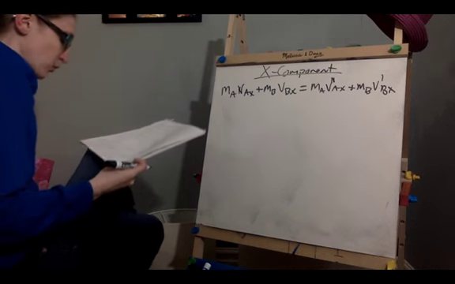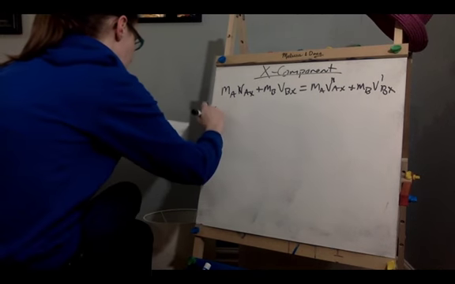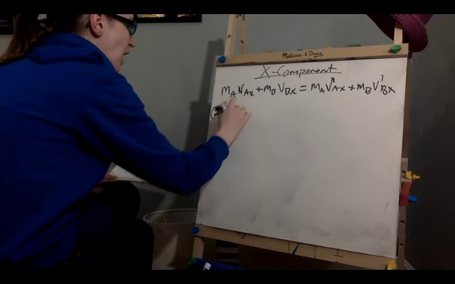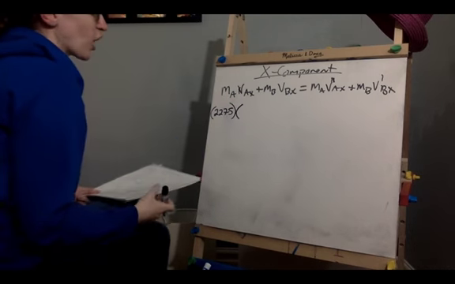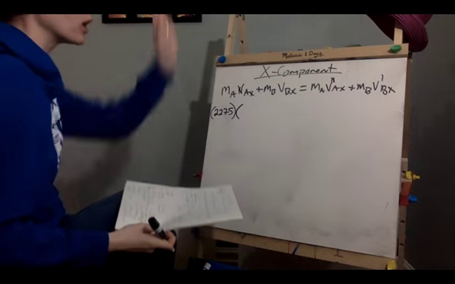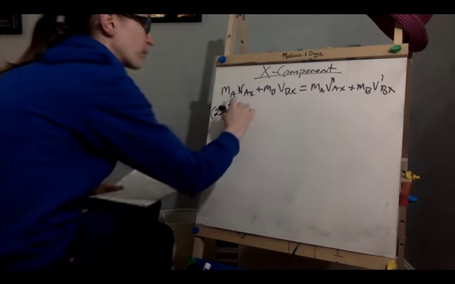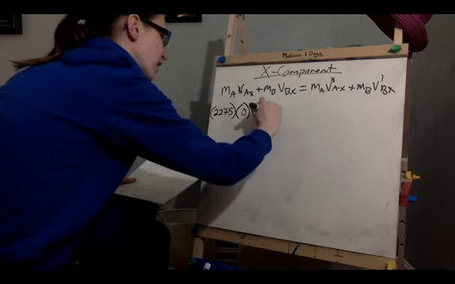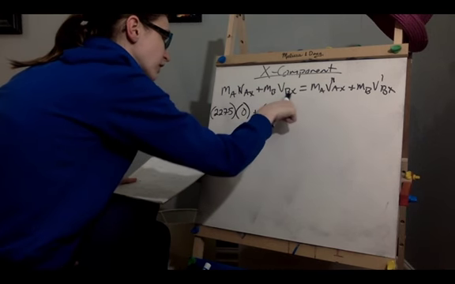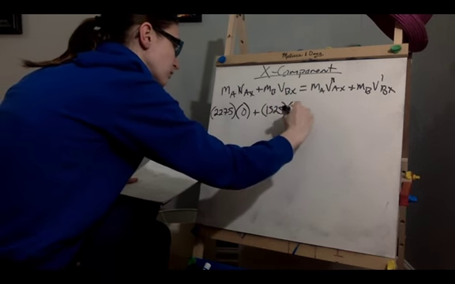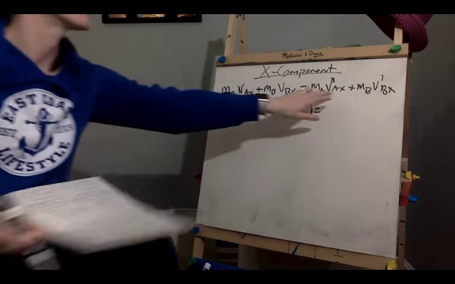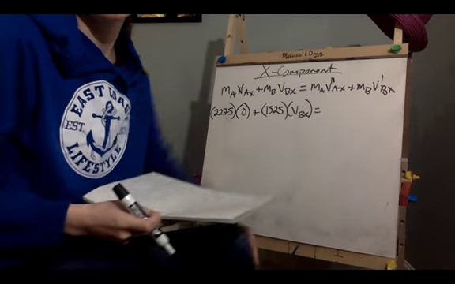So here are the things we can fill in. I have that this mass is 2275, and that the initial velocity of car A, which was going north, is 0. The mass of car B is 1525, and this is what we want. And then these were the things we found in our component parts.